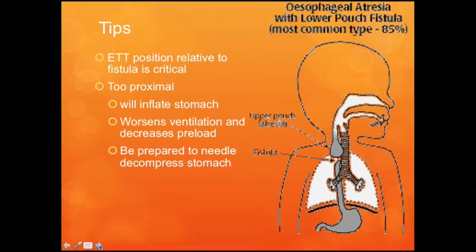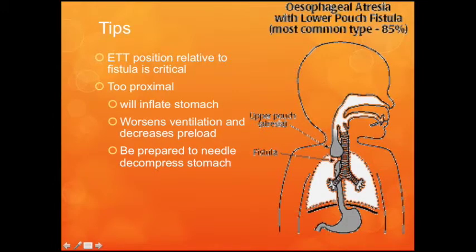A couple of things we've talked about. The tube position relative to the fistula is very important. If we're too proximal, theoretically, we can inflate the stomach. So just look here, this is the standard fistula, I guess, with the esophageal pouch.